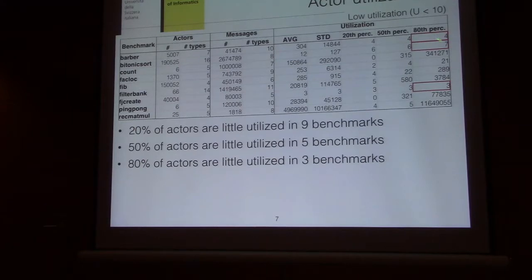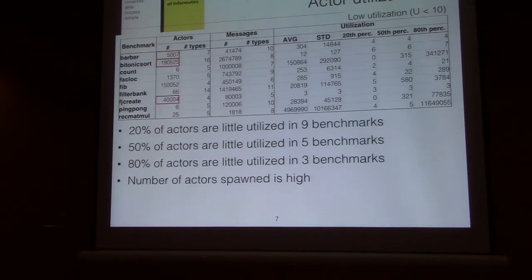And those 3 benchmarks also spawn a high number of actors, meaning that also in terms of absolute value, the number of little utilized actors is quite high. And in some cases, even the number of messages is very high, which means that single messages trigger the execution of only a little amount of computation.